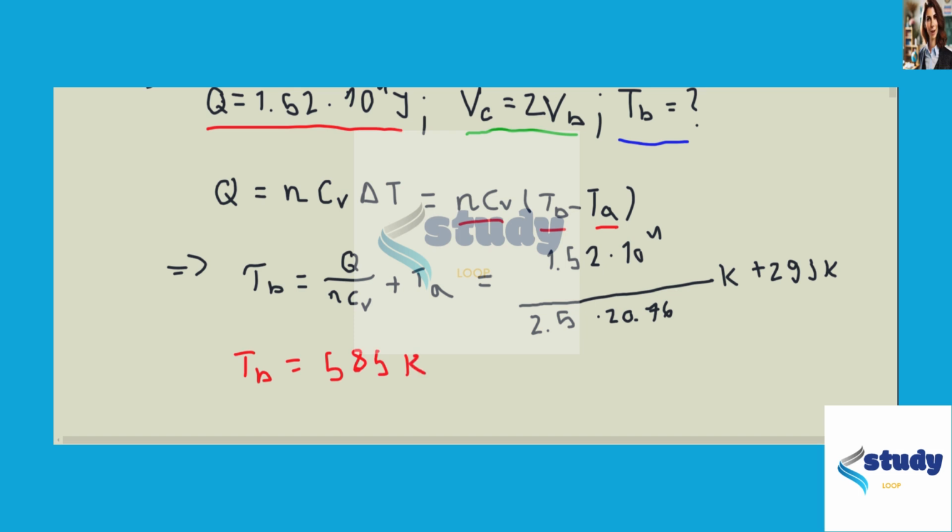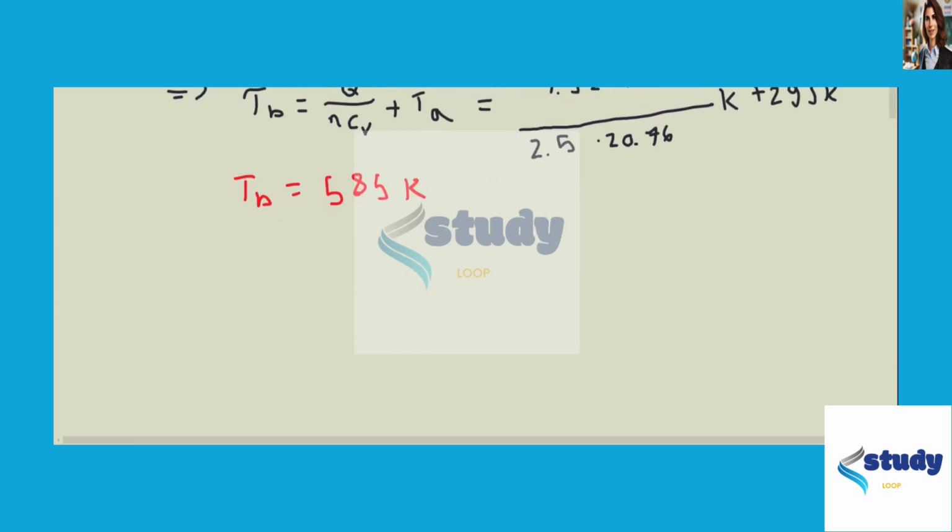Also, in relationship to volume, we can say that after the heating process, for the expansion process, which is happening at constant pressure, the ratio formula will be true. So the ratio formula is that T_C over T_B. From point A to point B, this is the heating part, when the chemist heats the gas.